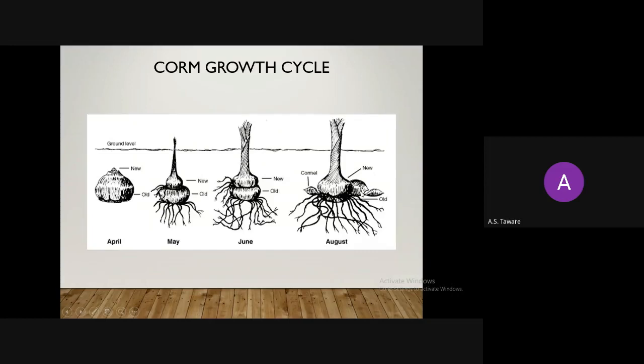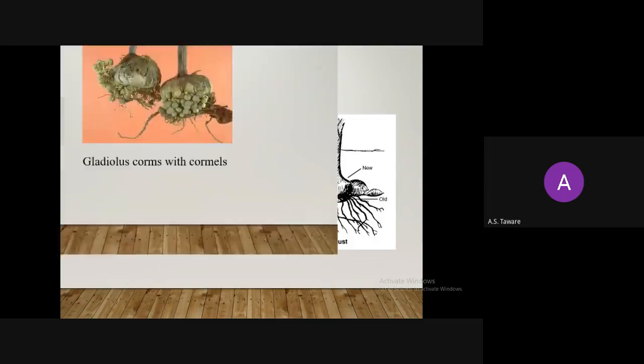The tuber is also used for vegetative propagation, and corms are also used for vegetative propagation. These are the new cormlets generated from an old corm. Every corm grows and multiplies like this.